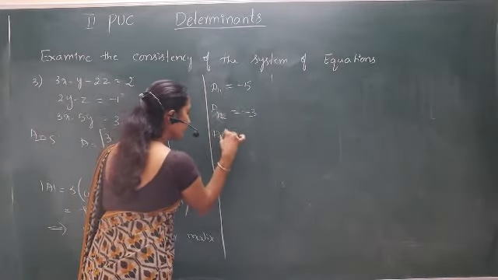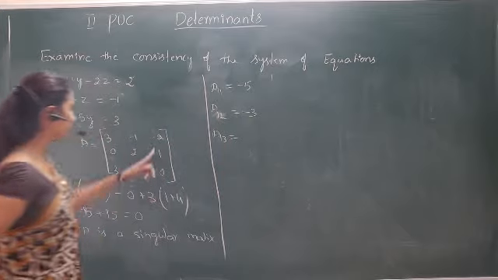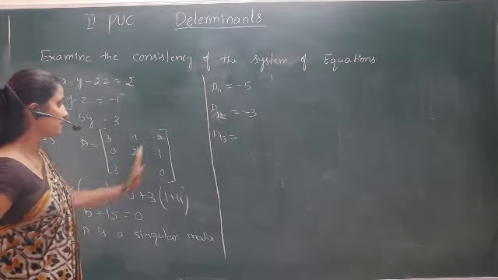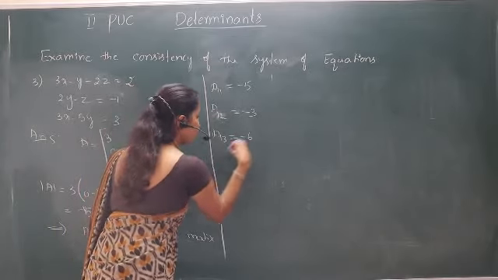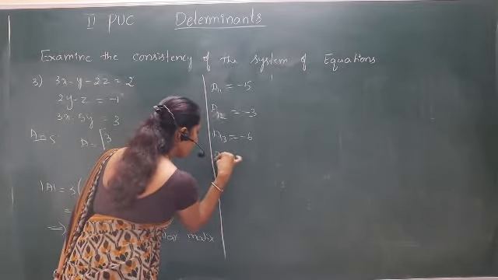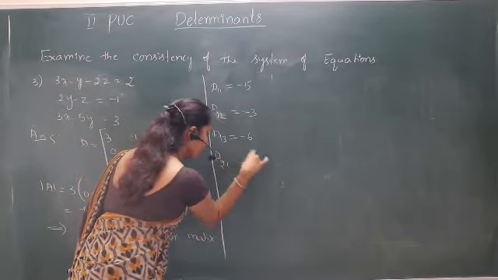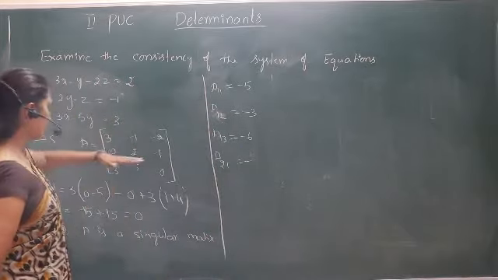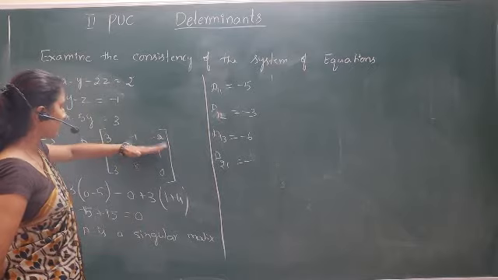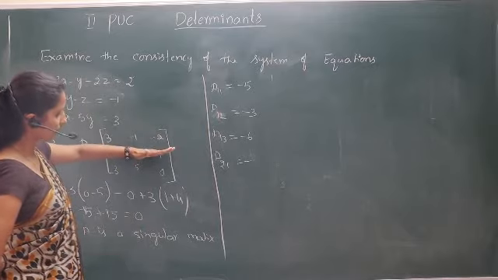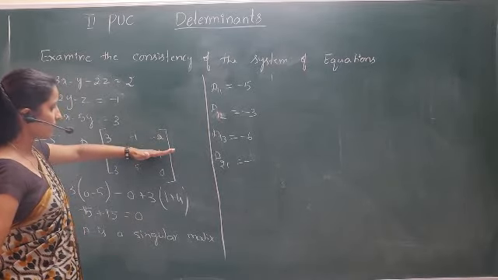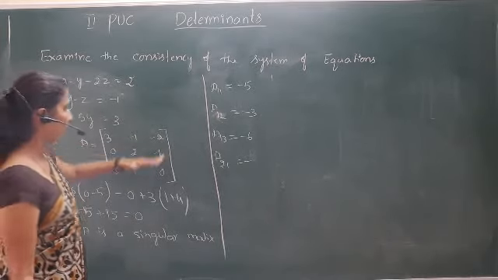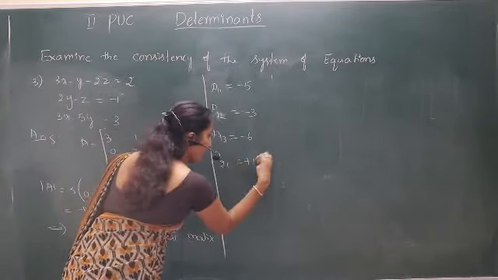Then A13, this element, 0 minus 6 is minus 6. Then A21 is now minus because the position is minus, so by deleting this row and column, what we get is 0 minus 10, which is minus 10, so it is plus 10.